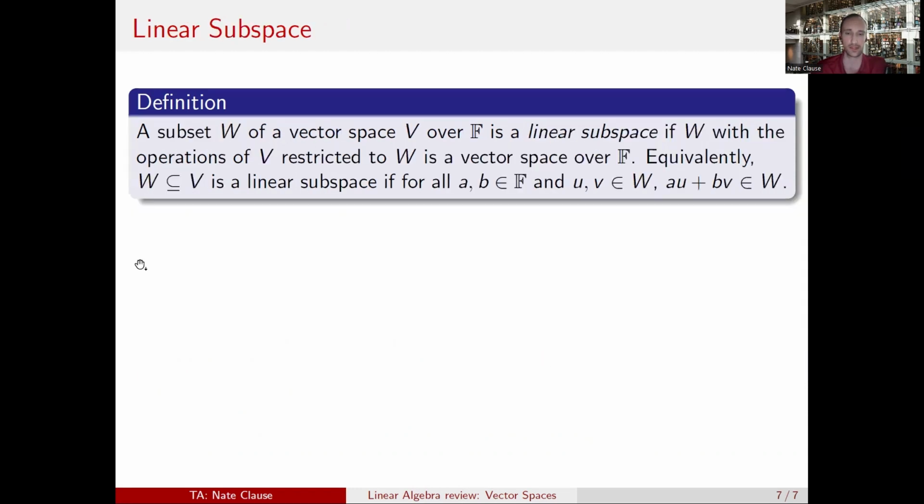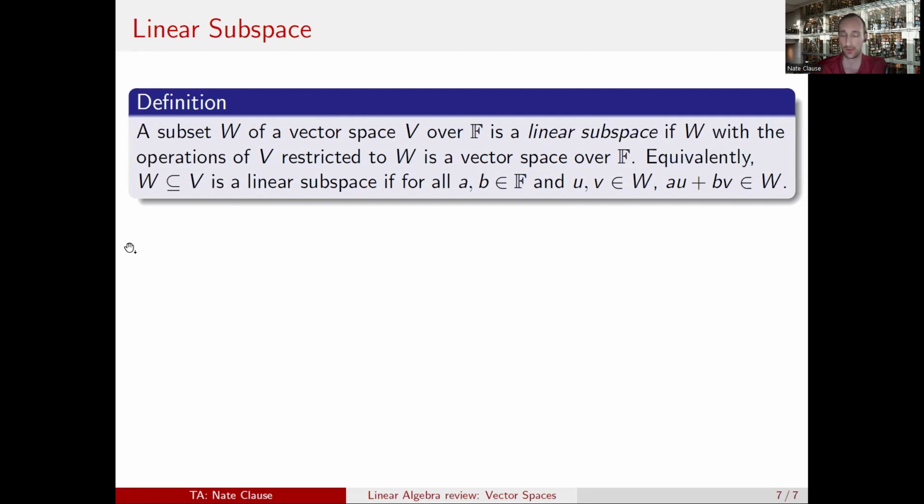So next and lastly for this video, we'll give the definition of a linear subspace. A subset W of a vector space V over some field F is a linear subspace if W, with the operations, meaning addition and scalar multiplication, from V restricted to W, is a vector space over F. So that's a formal definition.